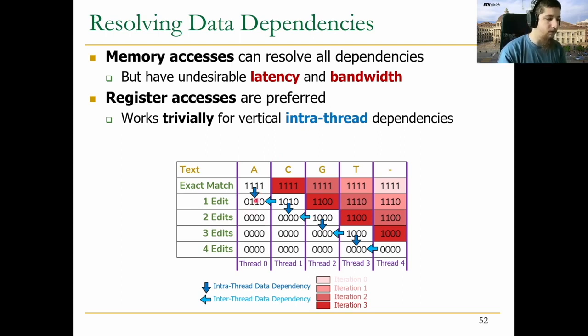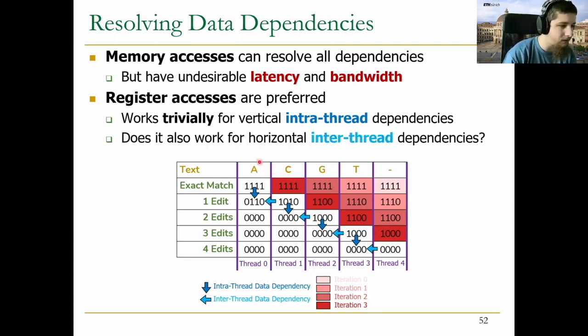A GPU thread can access its own register without any problem. But where it gets challenging is these inter-thread dependencies. So we somehow need to move this data over to the next neighbor thread for the next iteration. Can we do that using registers?